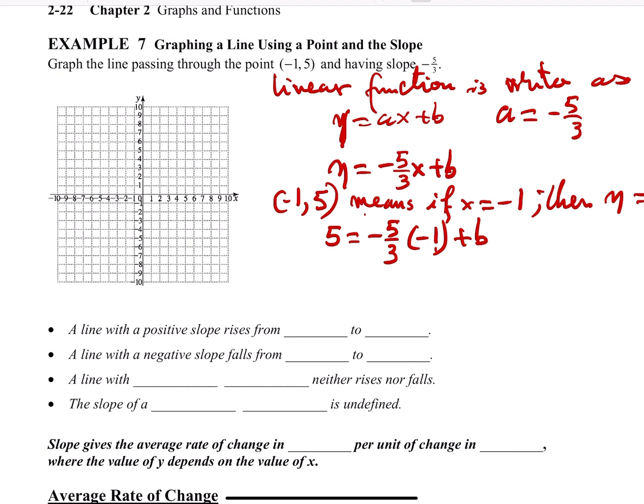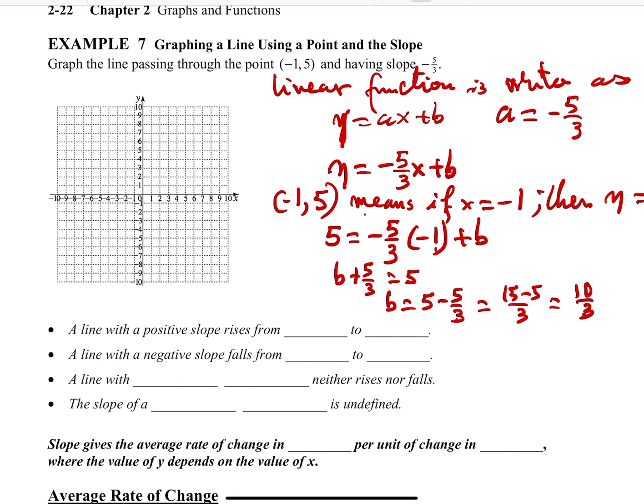So I will have b plus 5 over 3 is equal to 5. Then if I subtract both sides by 5 over 3, I will have b is equal to 5 minus 5 over 3. And then 15 minus 5 divided by 3, which is just 10 over 3.